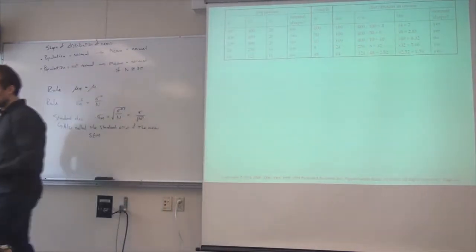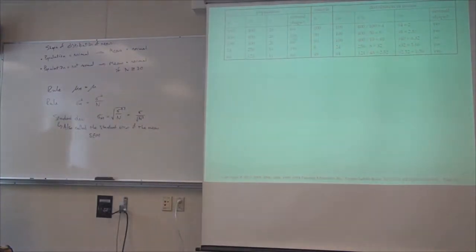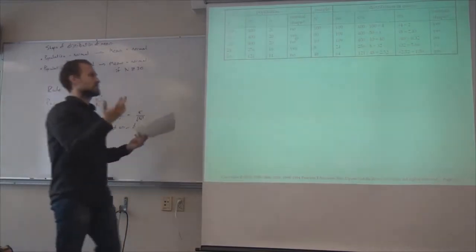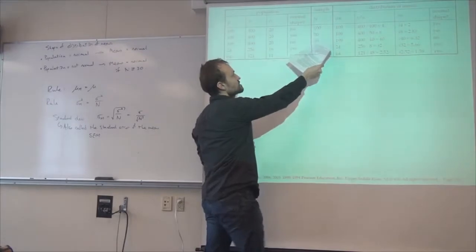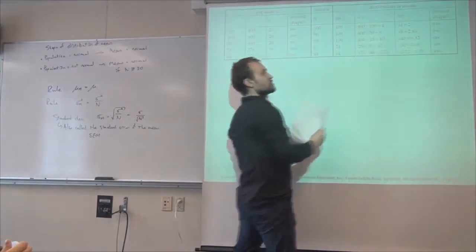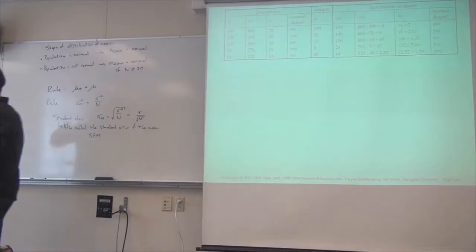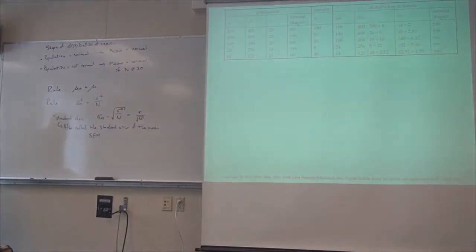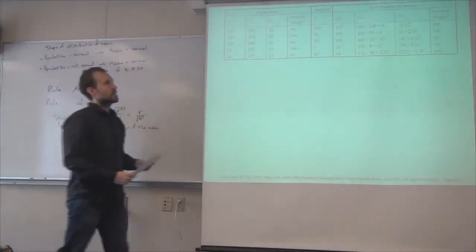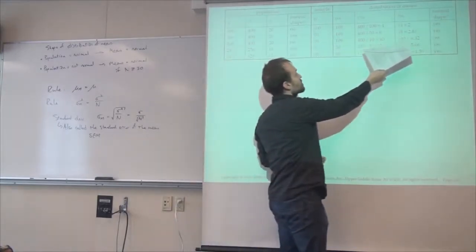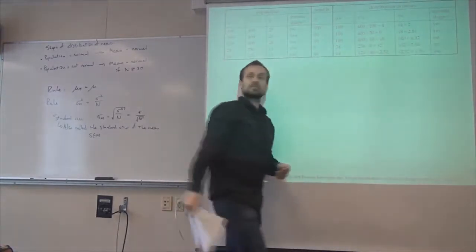If I have the same situation and the population is normal, well then I'm good. It doesn't even matter what the sample size is. The distribution of means will be normal as well. Bell curve, normal shape. If in the third case here I don't have a normal distribution for the population and my sample size is too small, less than 30, then you can calculate these, but it's not a normal curve.